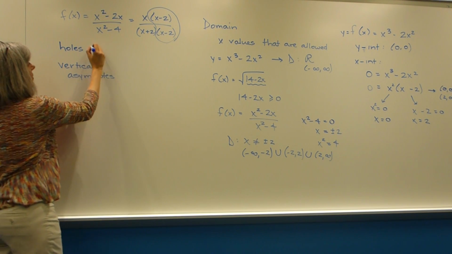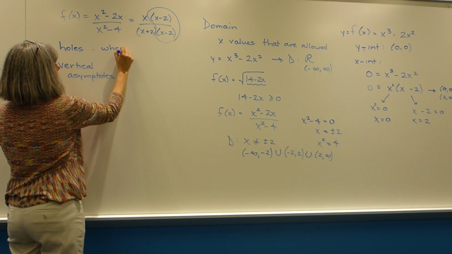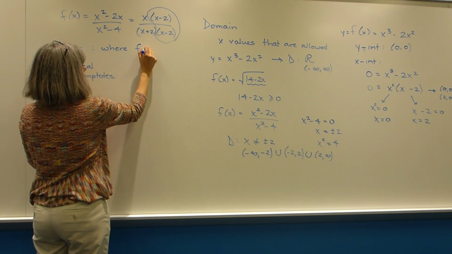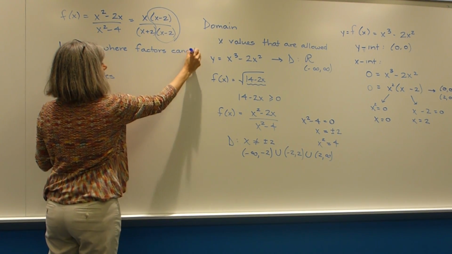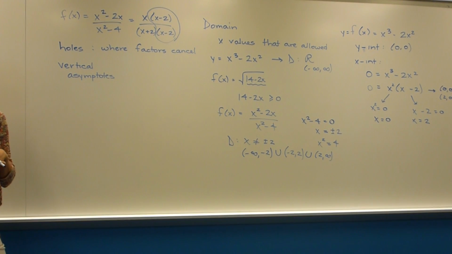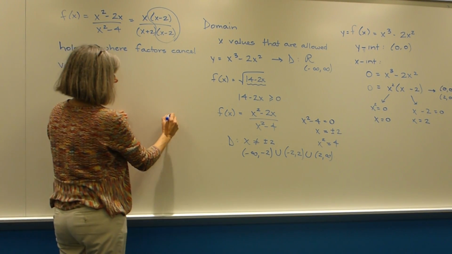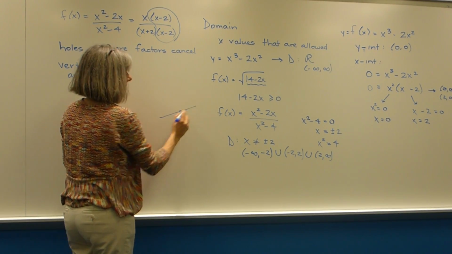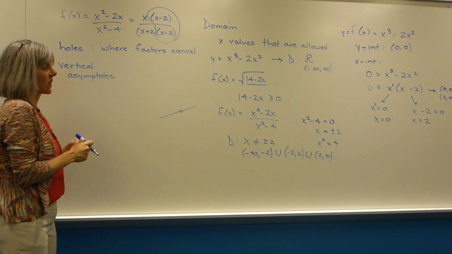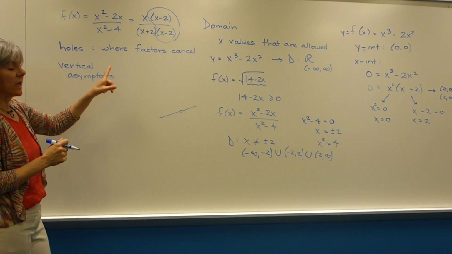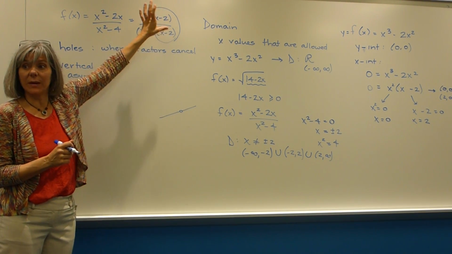In this case, a hole is where factors cancel. We're going to get to that next week, what happens at that hole. So remember what a hole in the graph is. A hole in the graph is just, you have a line going across and then there's a point at which it doesn't exist. You have to do that part first.